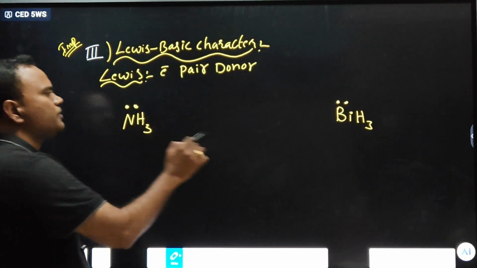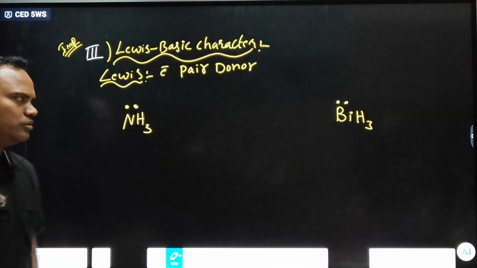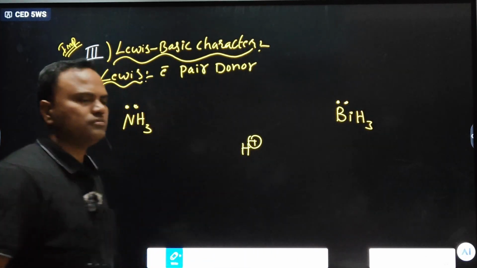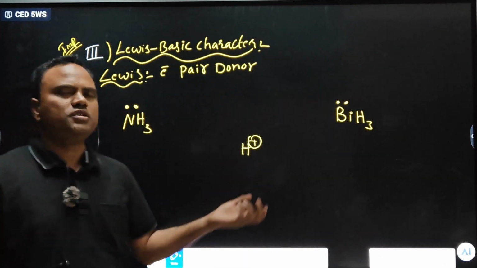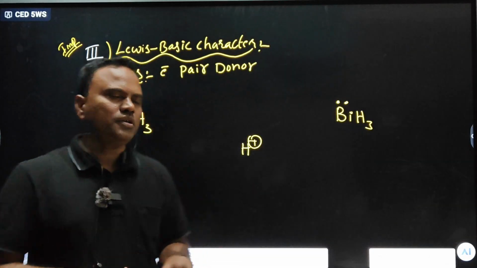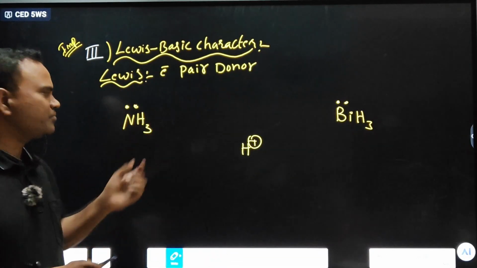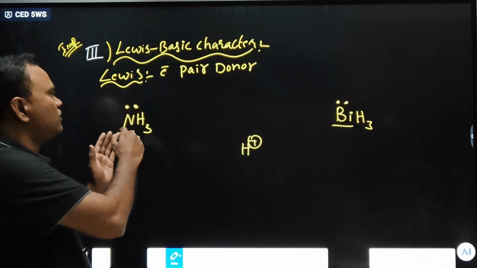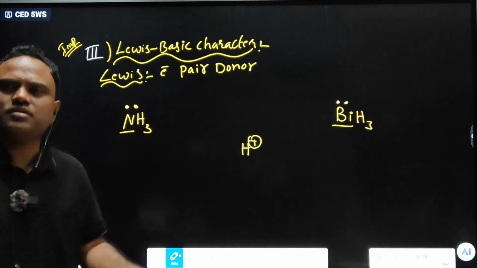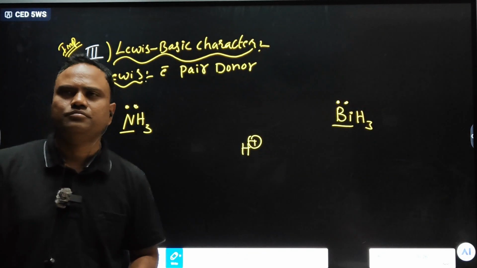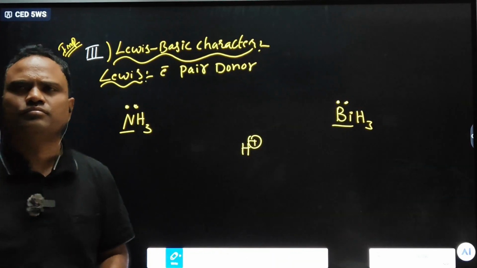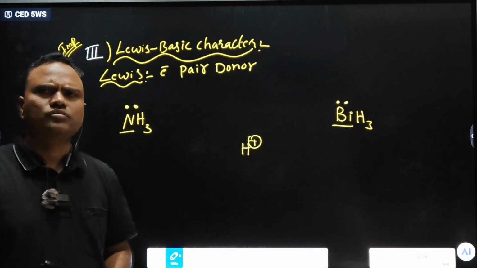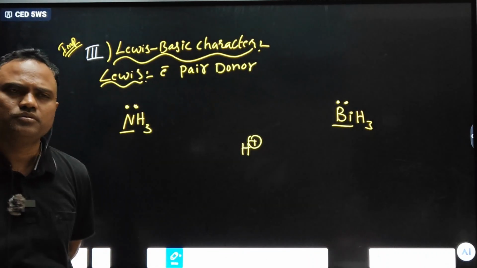Nitrogen has one lone pair and bismuth has one lone pair. Imagine H plus is waiting for electrons, like a beggar waiting for money. Electron is money. Nitrogen is one person, bismuth is another person. Which one donates electrons to this beggar? NH3, because it has a more available lone pair. NH3 donates electrons easily.